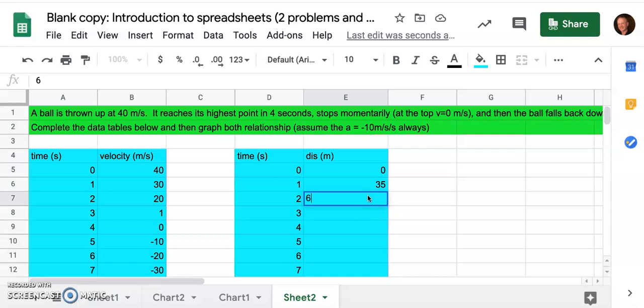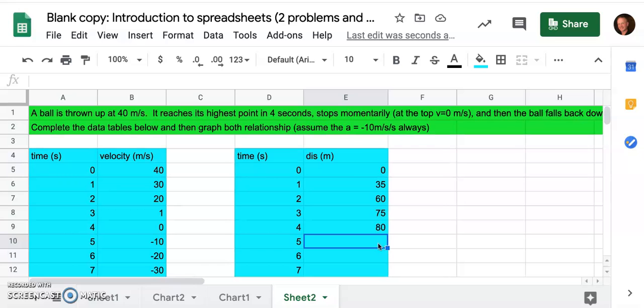You get 60 meters of displacement, so it's getting higher, but not quite as fast. And then 75 meters. After 4 seconds, you will get 80 meters. It's peak height, from which its velocity slows down to 0 and it turns around.